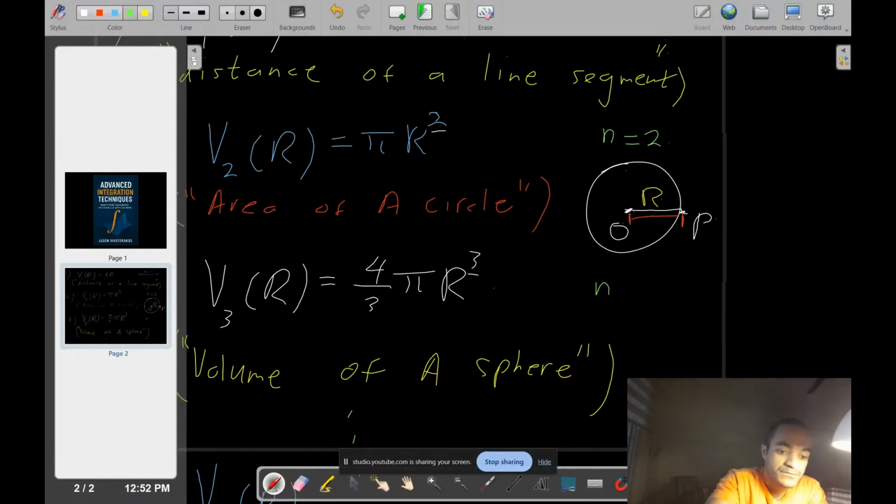So at n equals 3 dimensions, what we get now is a cool sphere, a 3-dimensional sphere.